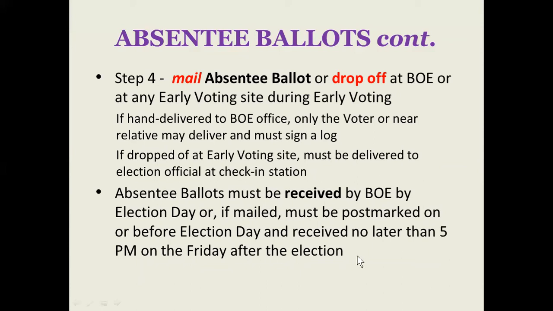The absentee ballots must be received by the Board of Elections by Election Day, or if mailed, it must be postmarked by Election Day and received no later than 5 p.m. on the Friday after the election. You can track your ballot with the ballot tracker on the portal.